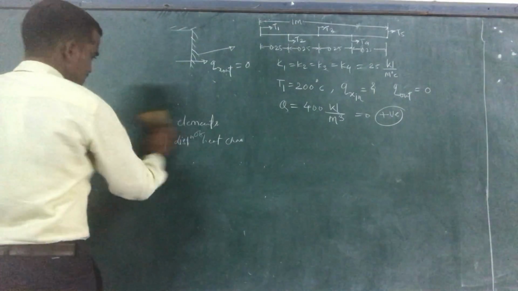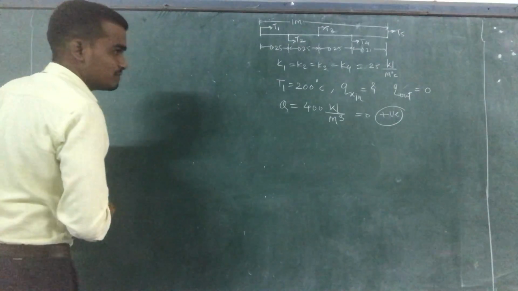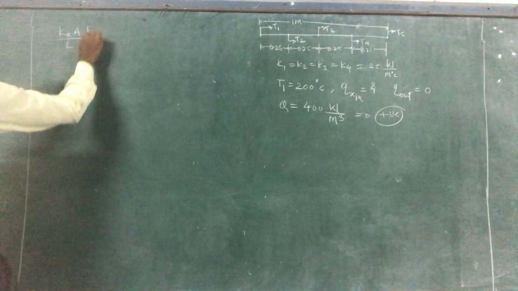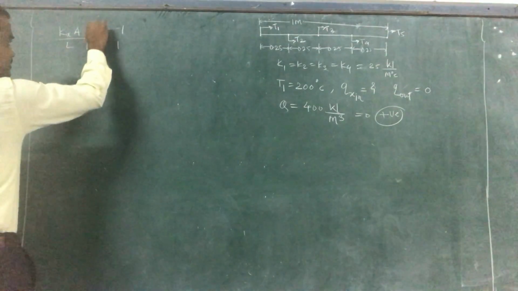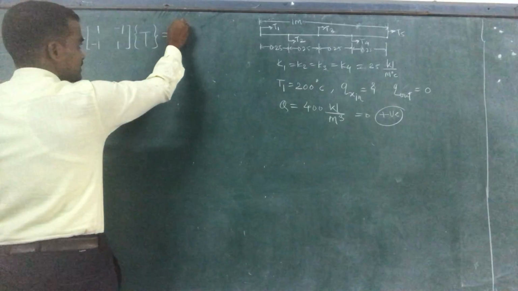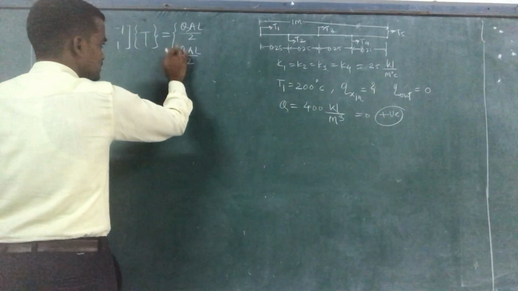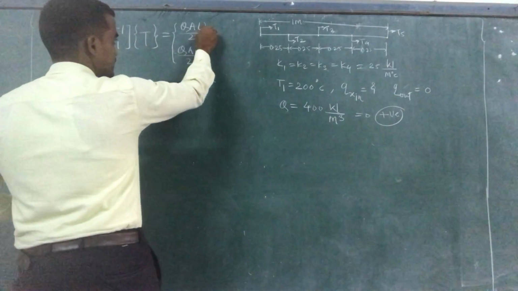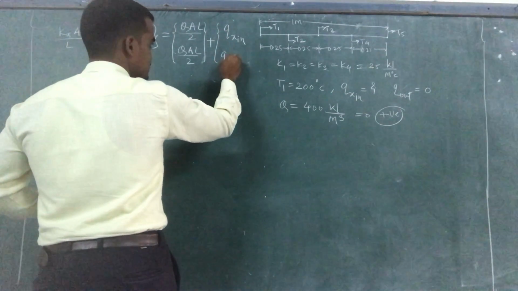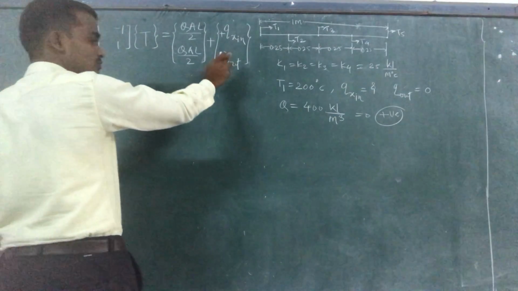As we know, the general finite element procedure to solve the temperature distribution within a one-dimensional heat conduction problem is Kx into A divided by L, times the bracket 1 minus 1, minus 1 1, into the temperature vector, equal to Q into L by 2, Q into L by 2, which is the load vector due to heat generation rate, plus minus qx, plus qx, which is the load vector or boundary condition due to the heat conduction.